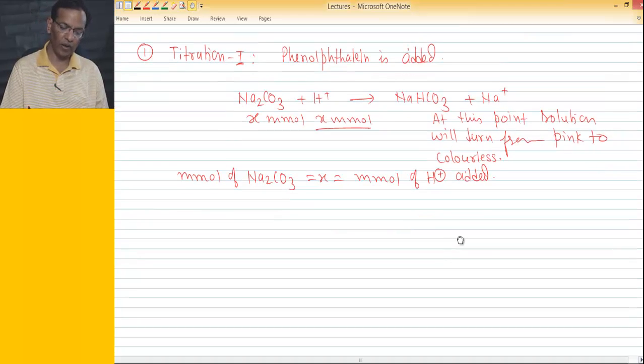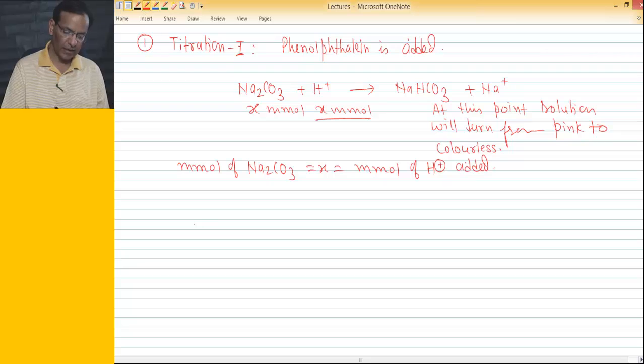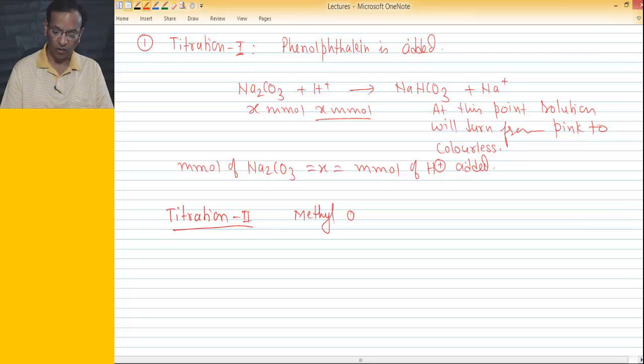Then we carry out a second titration, titration 2. Now we'll take the same volume of the sample solution and now methyl orange is added. The result will be, the solution will be yellow since it is strongly basic.